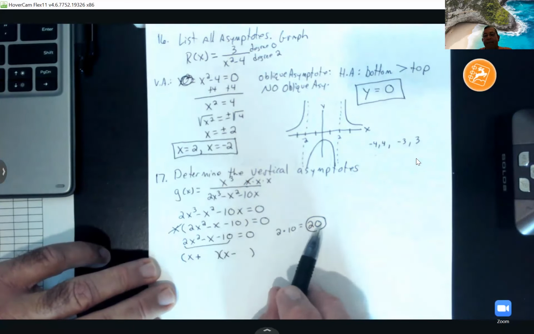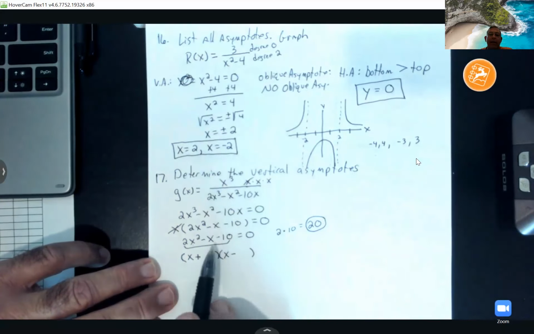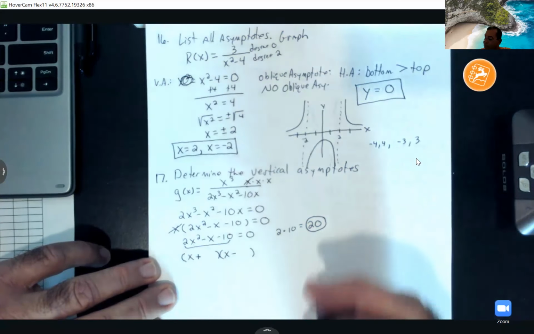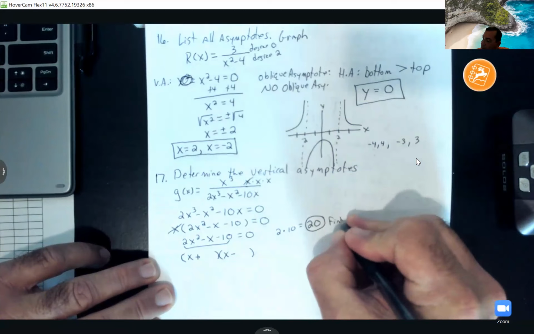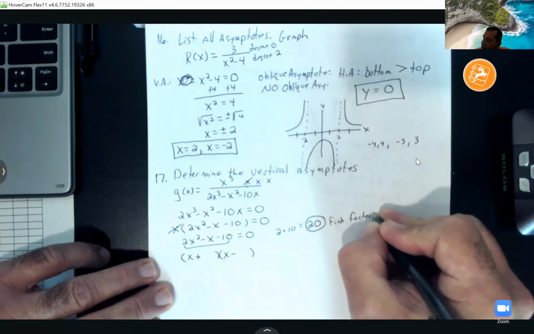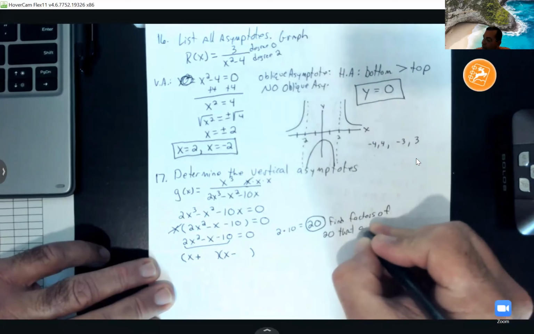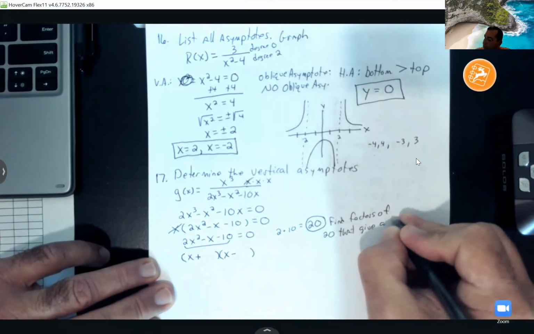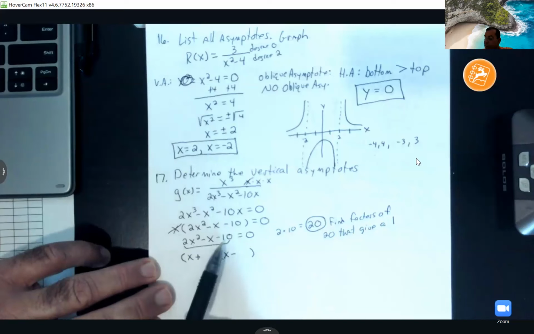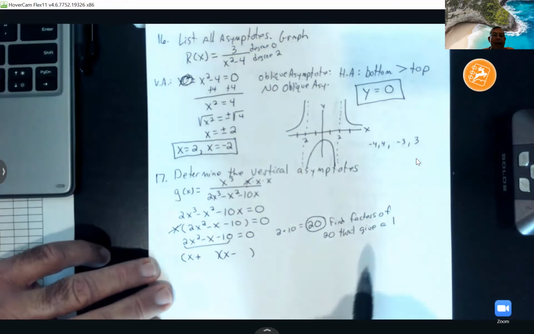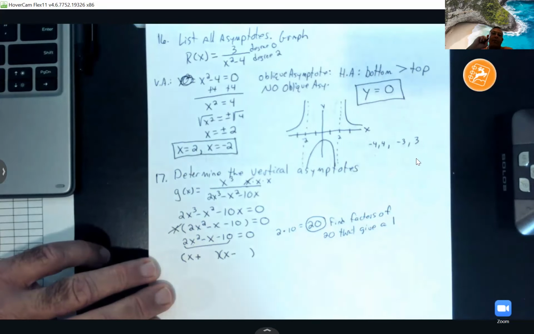Now, find factors of 20 that give a 1 in the middle. And remember, they're going to subtract, because the last sign's negative, you find factors that subtract. If the last sign was positive, you'd find factors that add.